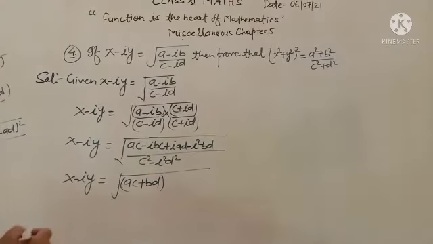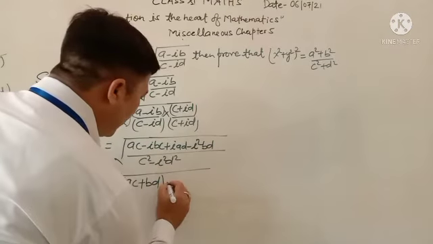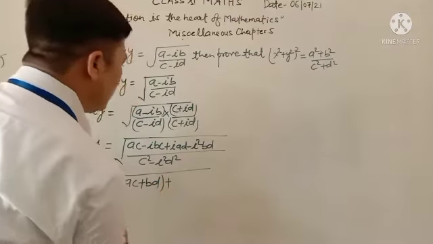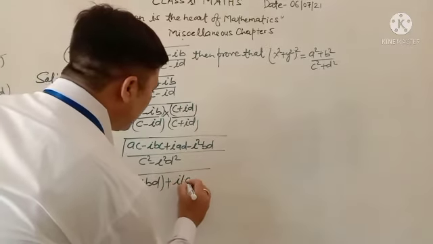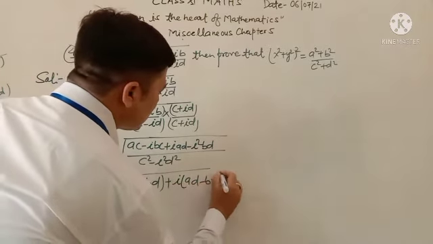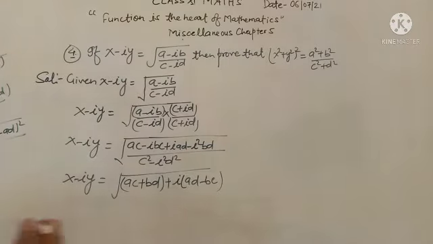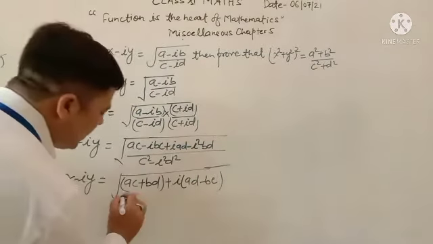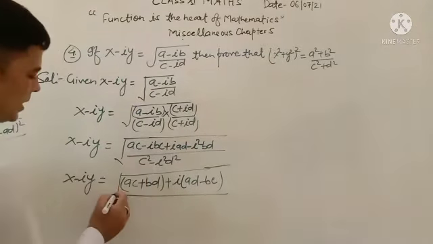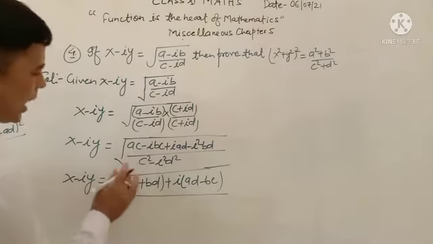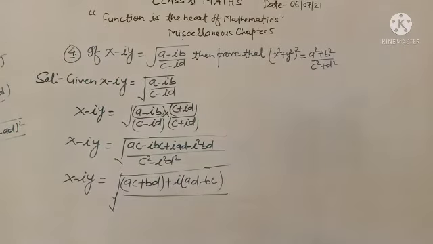Now taking out i common, this is plus i(ad minus bc). Here the denominator is c square minus i square d square.